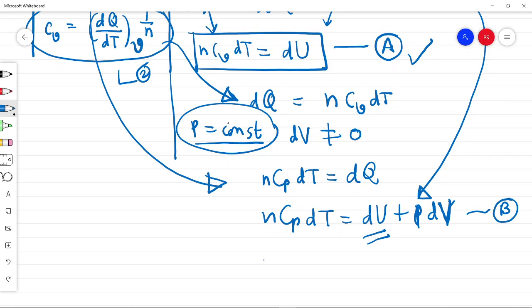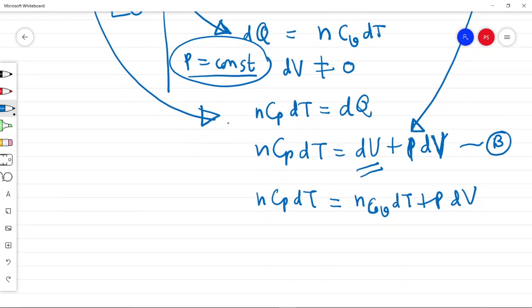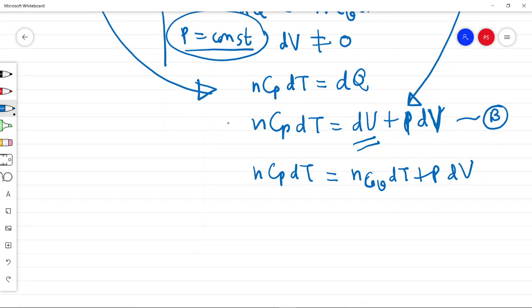Now let us use equation A in equation B. Instead of dU, we should write n Cp dT is equal to n Cv dT plus PdV. Now we need to get rid of this variable dV here because the variable appearing in the other two terms is just dT. For that, we will use the ideal gas equation of state, which says that PV is nRT.